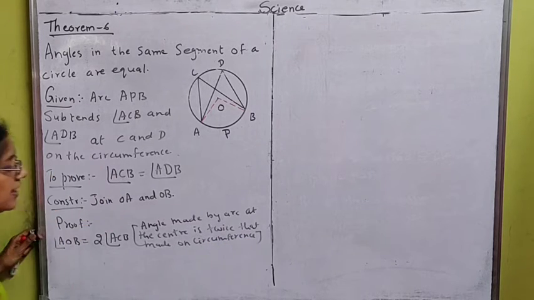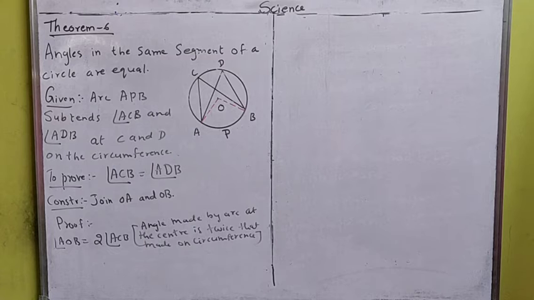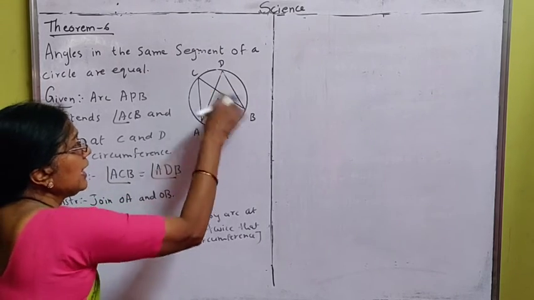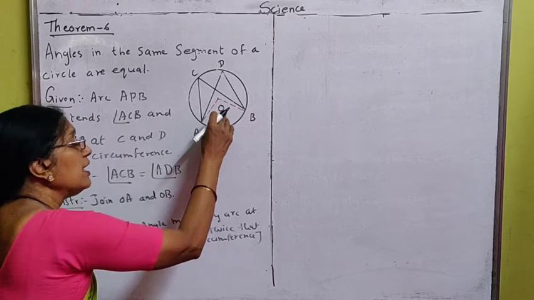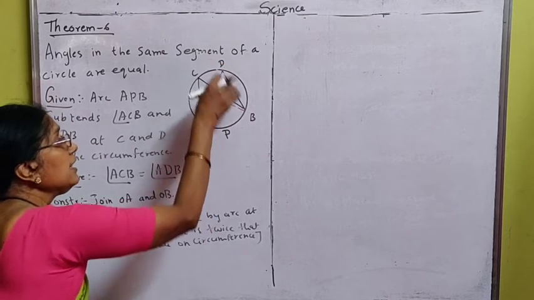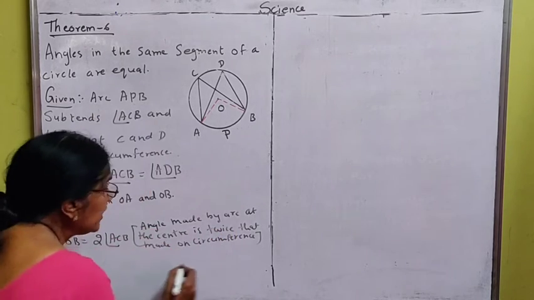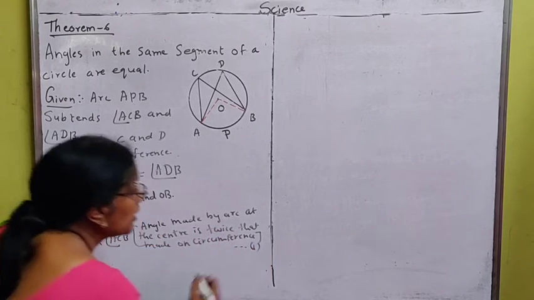So this is the reason. Now let us take ADB and AOB. AOB is the angle at the center and ADB is the angle on the circumference. The same relationship we can show. Take the earlier result as equation number 1.